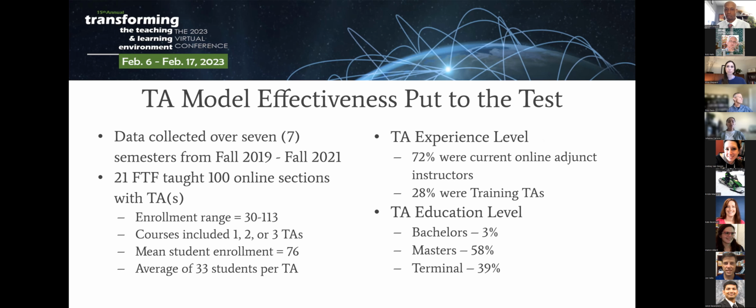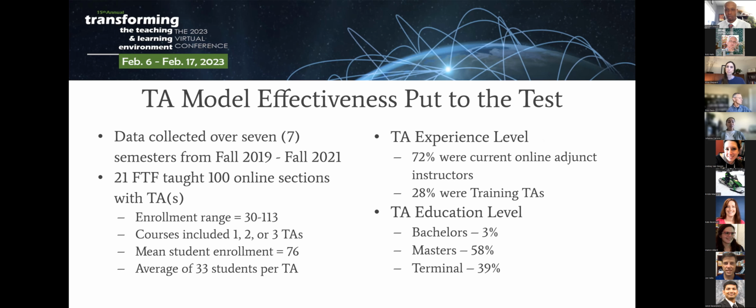These courses ranged in enrollment from about 30 to 113 students, and dependent on the enrollment size, either 1, 2, or 3 TAs were utilized for each of the courses. And the mean enrollment per course was 76 students with an average of about 30 students per TA.